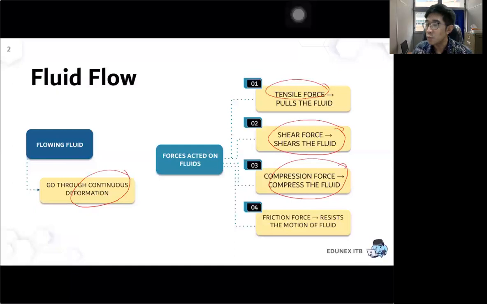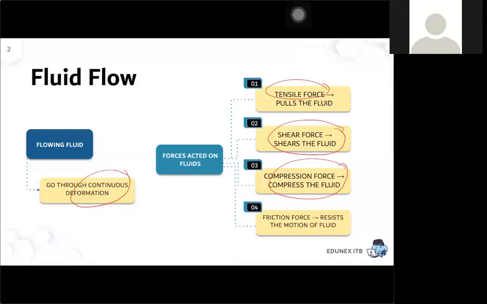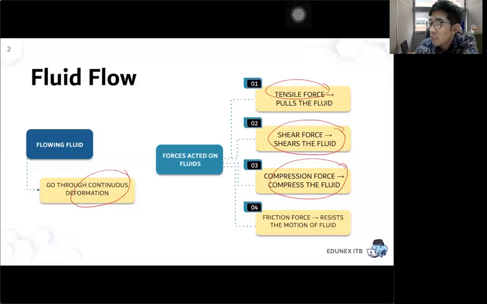What is the difference between tensile, compression, and shear force from the direction? Do you still remember? Sorry, sir, what's your question, sir? What will be the difference in terms of direction between tensile force, compression force, and shear force?